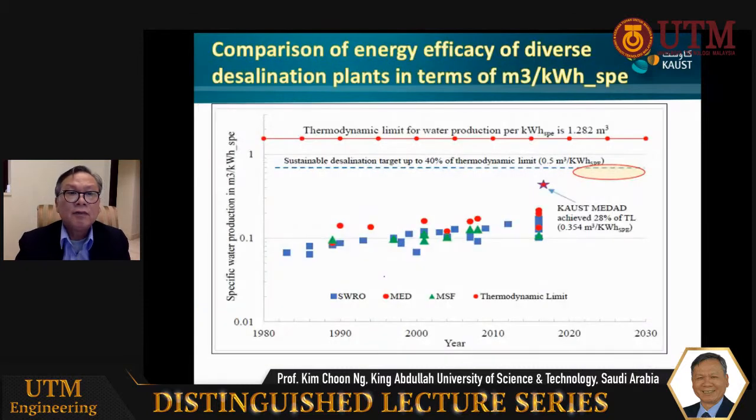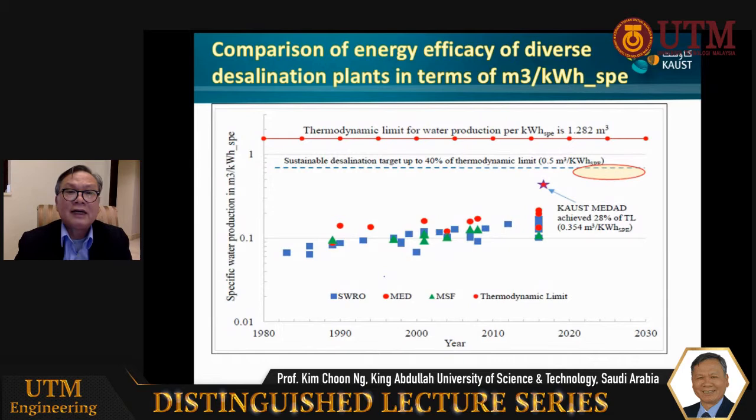And when we plot this conventional way of defining output over input, the output is meter cube of water, input is kilowatt hour, but now everything normalized to standard primary energy, we can see that all the existing methods, whether it's SWRO, MED, or MFSF, they are all fairly inefficient. They are merely 10 to 14% of the thermodynamic limit, which is at 1.282 meter cube per kilowatt hour.